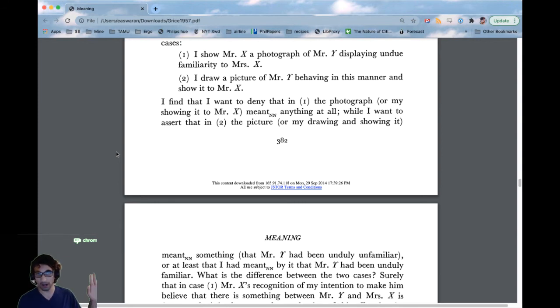If there was just an automatic camera, a security camera, and you look at this and you say, this means that the burglars came in through the side door. That's not that someone meant that the burglars came in through the side door. Whereas if someone had drawn a picture of the burglars coming in through the side door, then we would say someone meant this by using this picture.